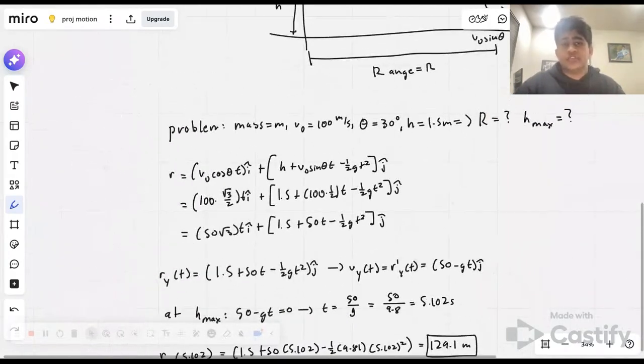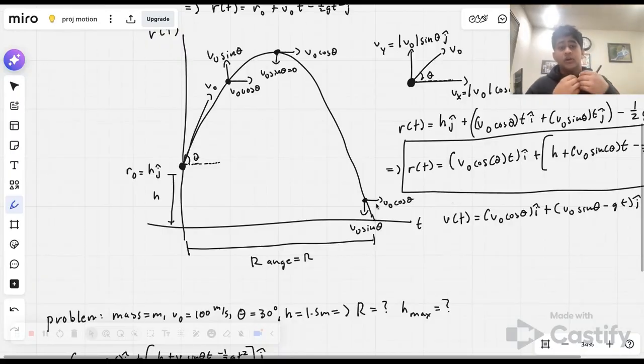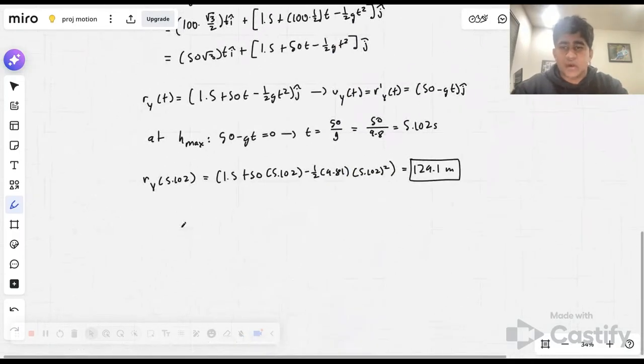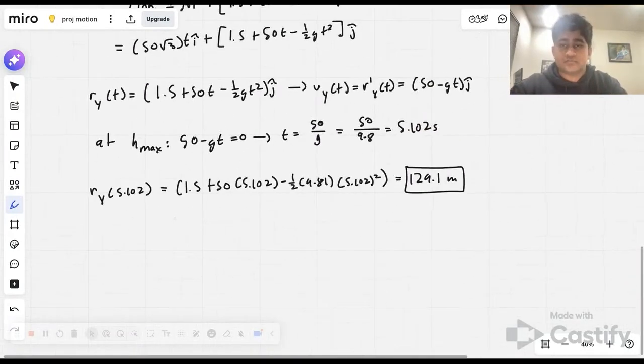Now we want to find the range. The range is when the projectile is at the ground, which is when the y component of the position is 0. So let's simply set r y of t equals 0 to find the total time of the whole flight. So then what do we get?